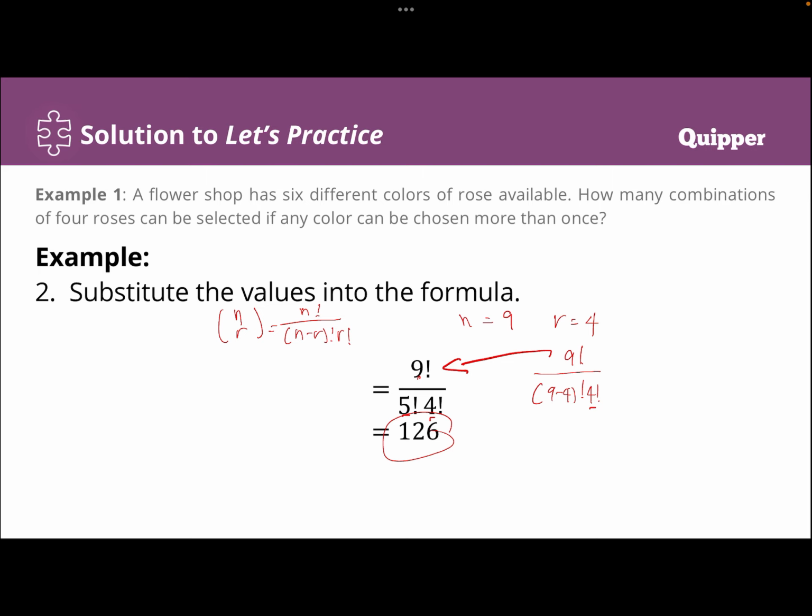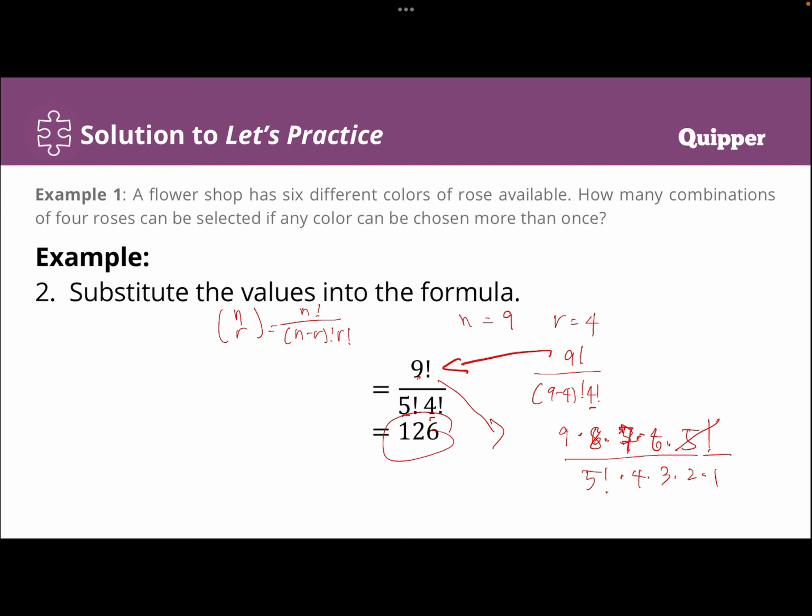Okay, di ba i-expand nyo itong 9 factorial? Dito na lang. 9 times 8 times 7 times 6 times 5 factorial. So, hanggang 5 factorial lang. And then, all over 5 factorial times 4 times 3 times 2 times 1.